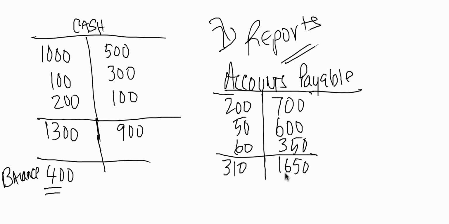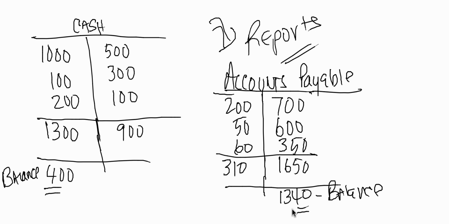Yes, 1650, 250, 310. Now look, I've got more credits than I do debits by 1340. I think that's right, 1340. So that's going to be my balance in this account at this point. Okay, do you want to do one more?